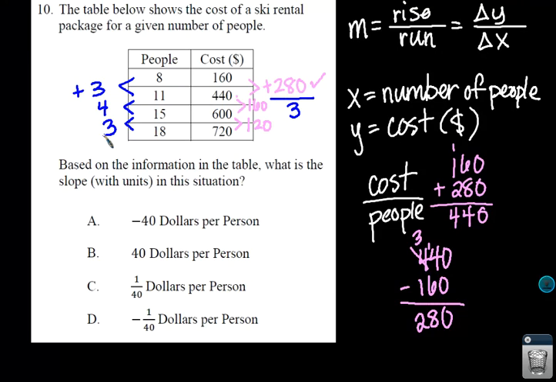What if we just take the cost and divide by the people? What is 160 divided by 8? What is 440 divided by 11? 40?